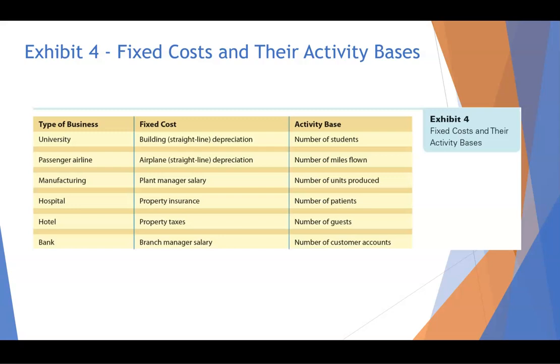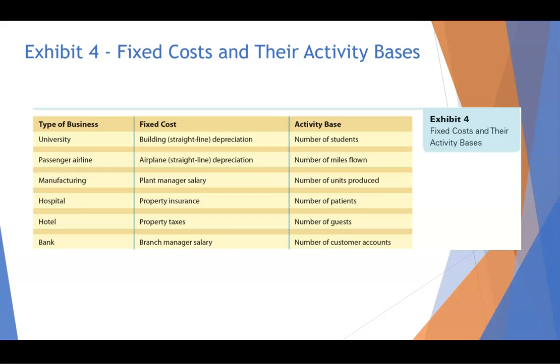For an airline, the airplane being used, granted, there will be maintenance costs per se, but the depreciation on that airplane is going to be the same no matter how many miles are being flown.